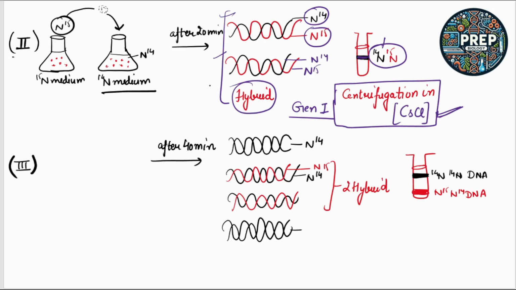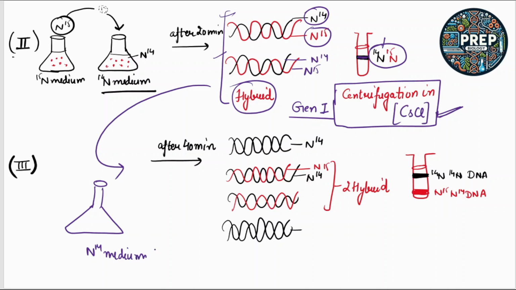Now Meselson and Stahl grew these bacteria in another N14 medium, and after 40 minutes, the second cycle of replication took place.